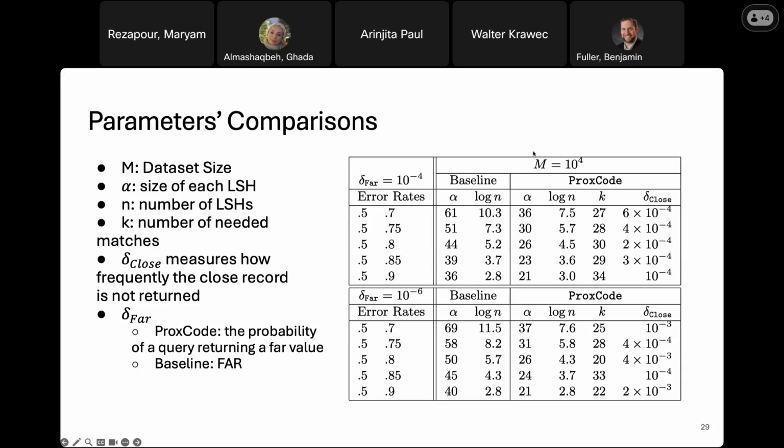So 0.5 means that for 2 different biometrics, the probability of the LSH matching is 0.5 for a single bit. And for 2 readings of the same biometric, the probability of 2 LSHs matching is 0.7. With this setting, we had an improvement from the baseline scheme. In the baseline scheme, we needed 10 to the power 10 LSHs, while in the same setting we decreased it to 10 to the 7.